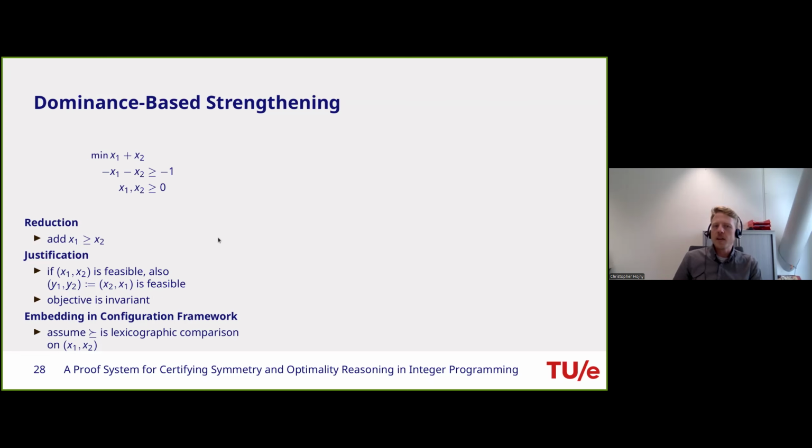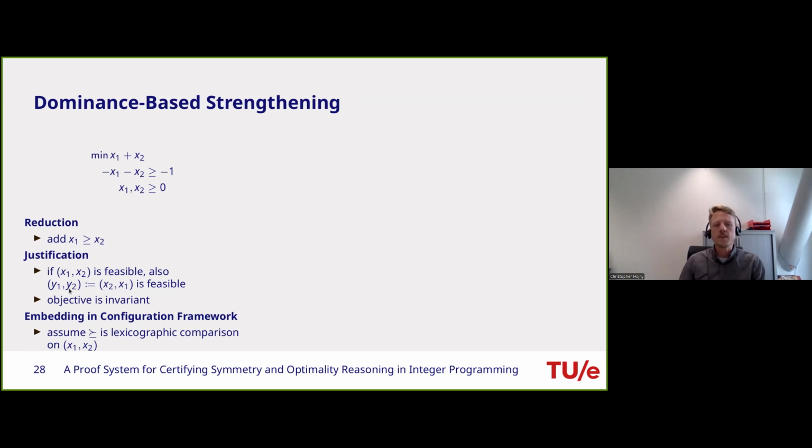With a similar idea, one can also try to prove symmetry reductions via a so-called dominance-based strengthening rule. In this example, we can observe that x1 and x2 are both symmetric. So in every feasible solution, I can change the role of x1 and x2 when I don't change the objective function value, and I also don't change the feasibility.